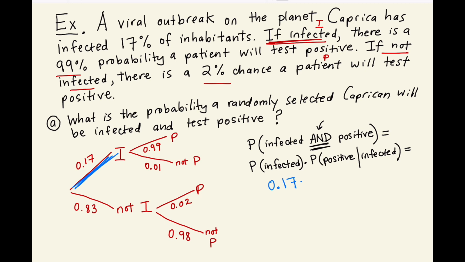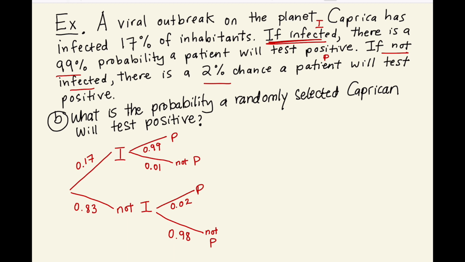And the probability that an individual tests positive, given that they're infected, is this conditional probability right here. So the probability we're seeking is basically just the probability that goes along this branch right here. And that probability is 0.1683. And I'm not going to bother rounding that. So that's about 16.83%.